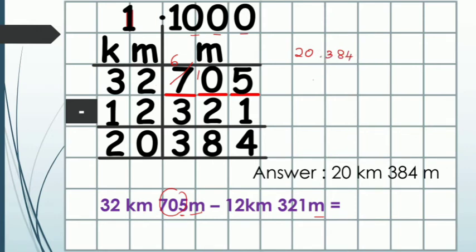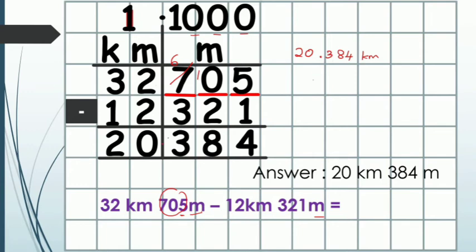When we write 20.384, it shows you kilometer because when we put the decimal point, it shows you the biggest unit.